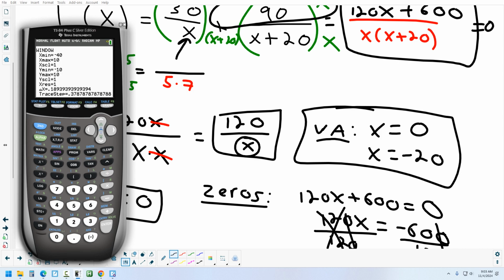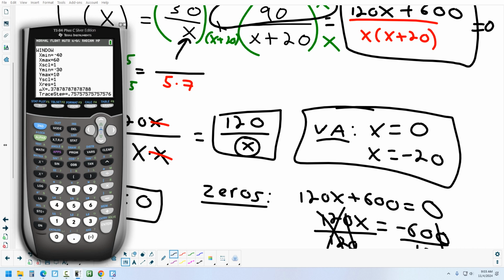X max, I don't know, let's do positive 60. Okay, y min and max. Well, I'm going to leave the y max at 10, but I'm going to set the y min a little lower. Let's do negative 30. Since there are two vertical asymptotes, that breaks the graph into 3 sections.